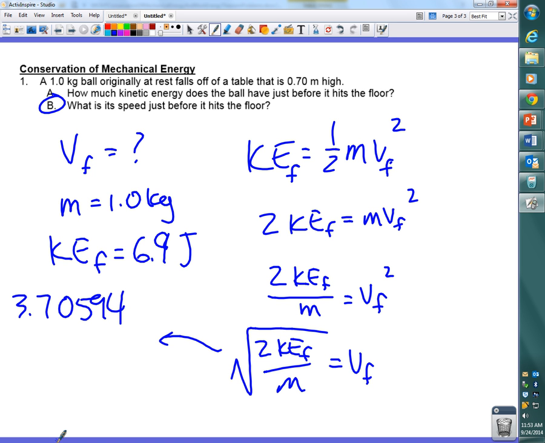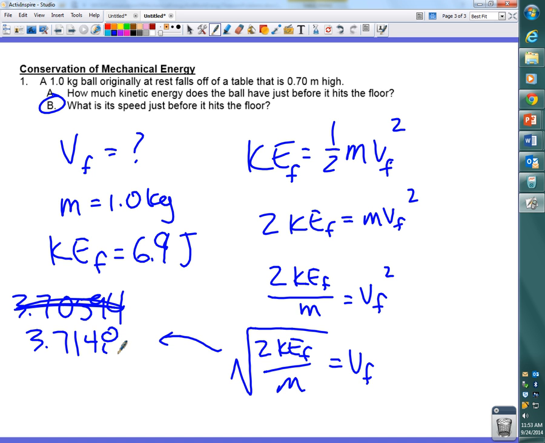That's what my calculator gave me. Okay? And then, Kate, is that not what your calculator gave you? Sorry. When I plugged this into my calculator, I used my unrounded answer from the previous problem. Okay, so yeah, what'd you get? 3.7?